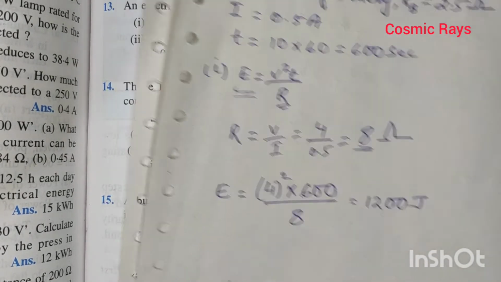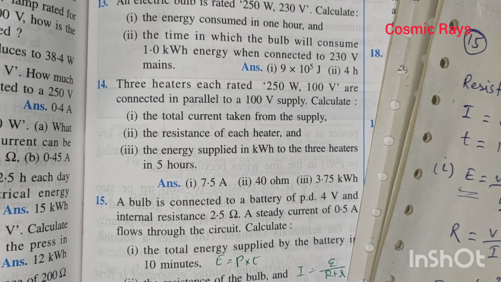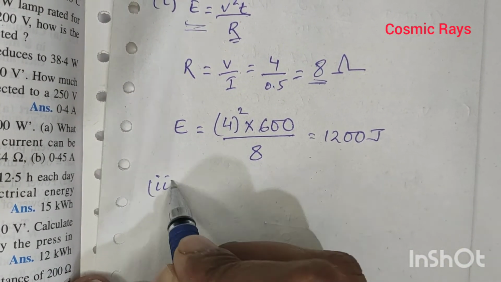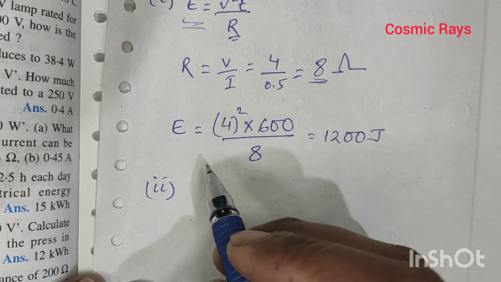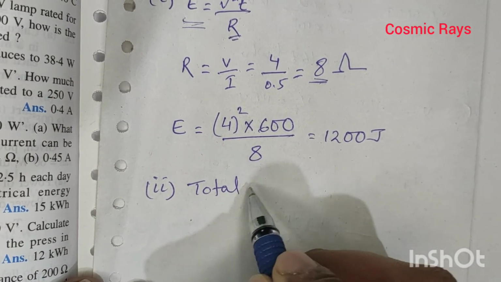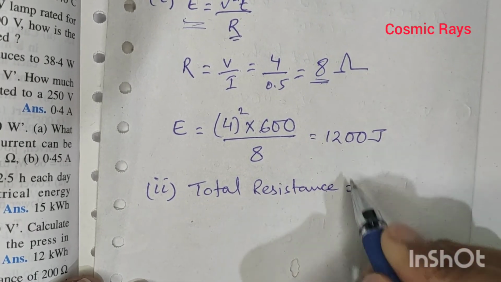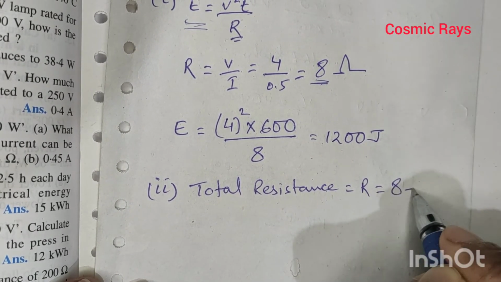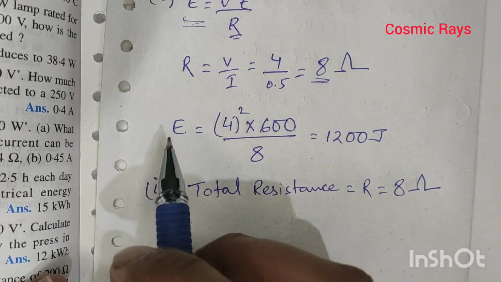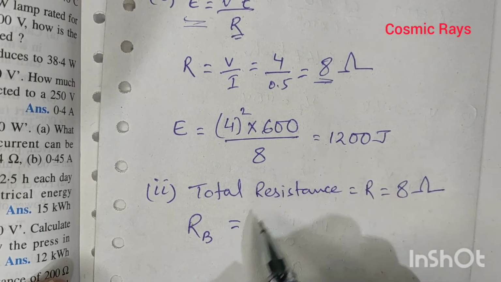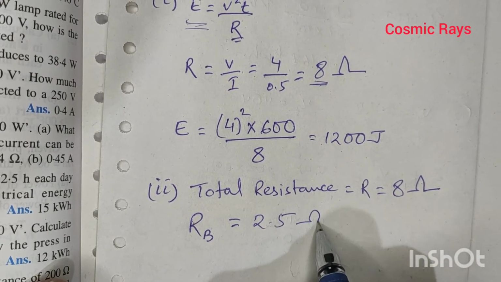Now the second part of the question says the resistance of the bulb. We know that total resistance is what we have calculated as R, that is 8 ohms. Now resistance of the battery RB is given as 2.5 ohms.